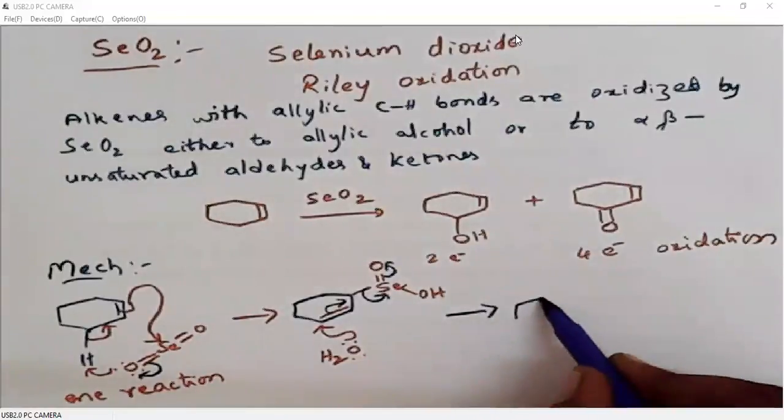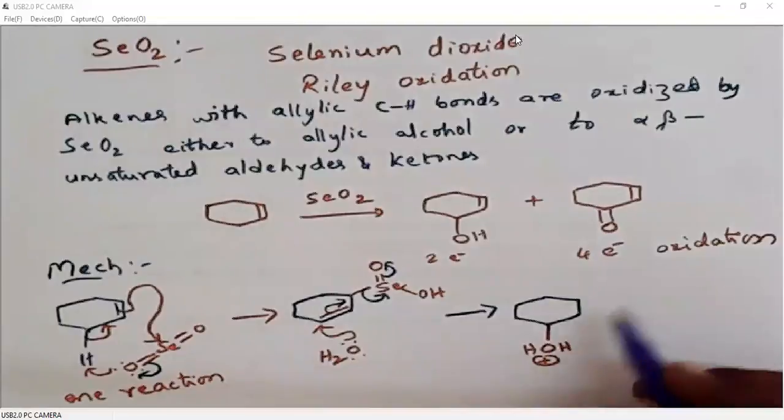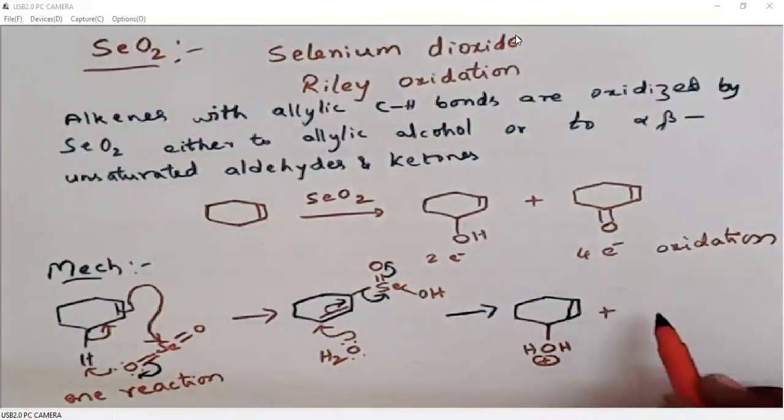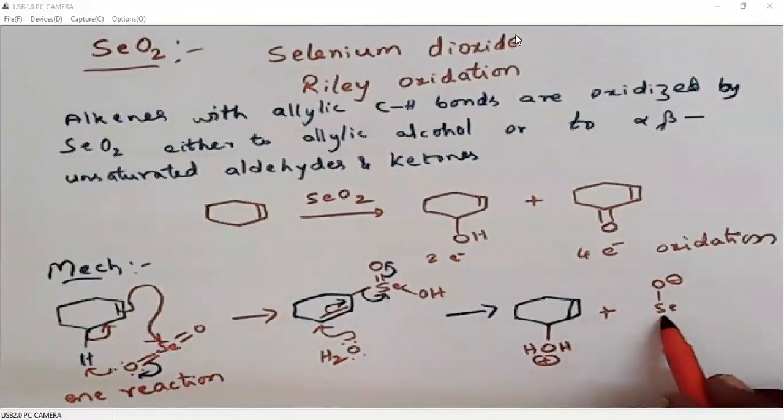So I'll give the product. It will be OH, plus the original double bond there, plus SeO minus OH.